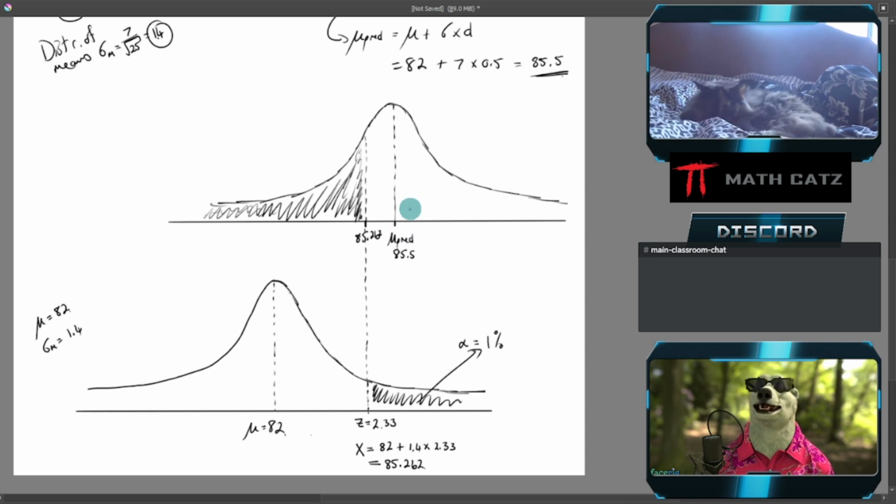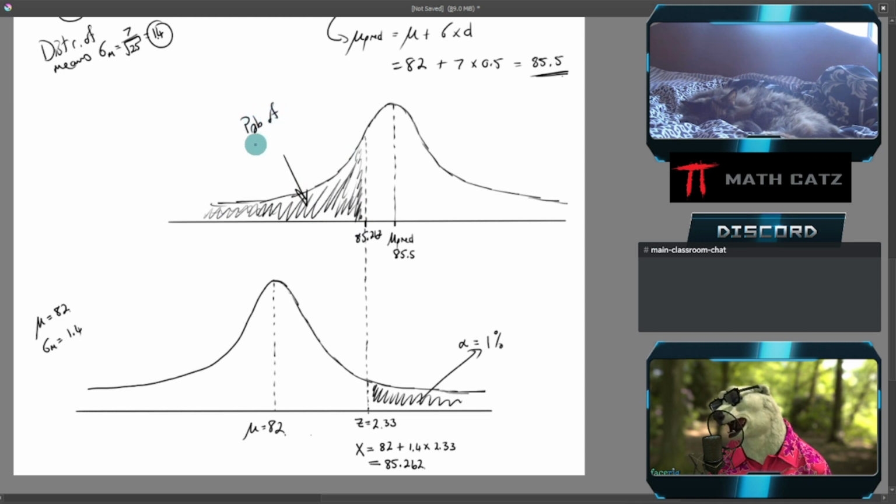And the probability of me not rejecting the null hypothesis is this left area over here. So this is, let's say here, the probability of type 2 error.